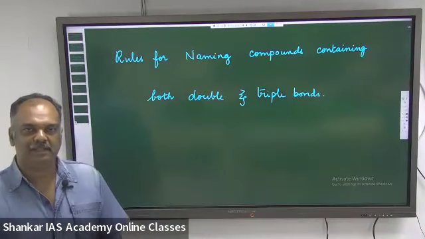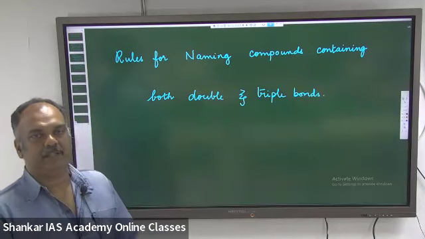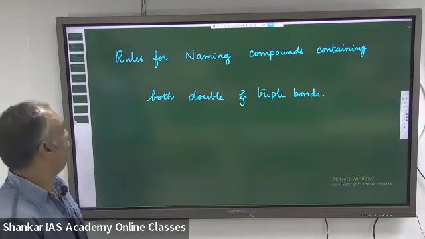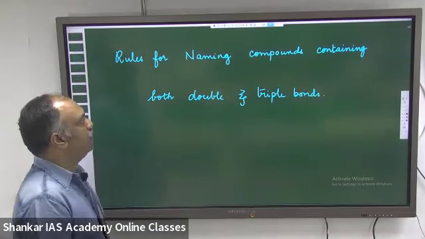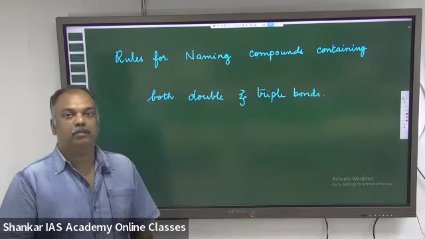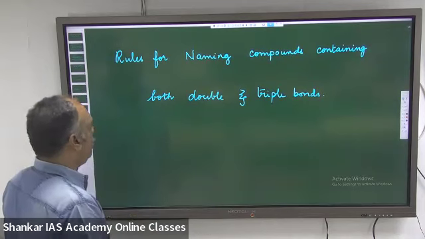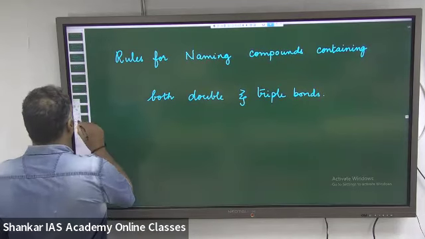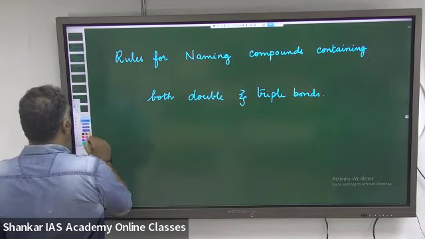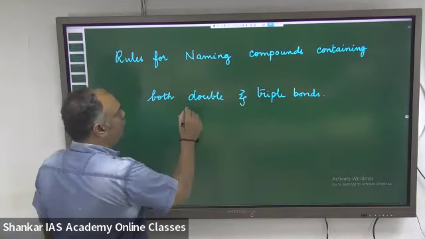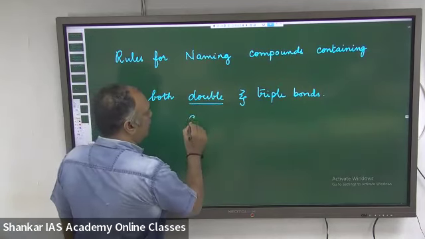Hello, aspirants. In today's Meet the NEET session, we are going to see the rules for naming compounds containing both double and triple bonds. Now, if an organic compound contains a double bond, then we know that it is named as alkenes.